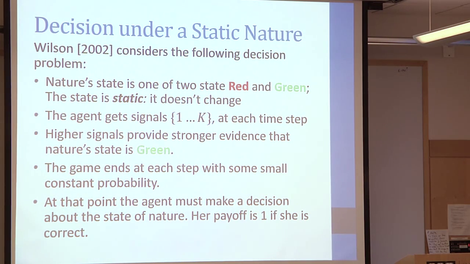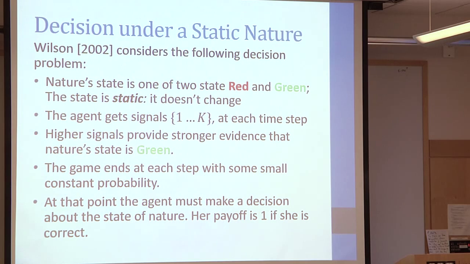That's also my question, because the signal is drawn from some distribution. So you know how the signals are correlated with the state of nature. Yes, the signals are somewhat correlated with the state of nature. If the state is green, you are more likely to get the signal k. If the state is red, you are more likely to get the signal 1. And the agent also knows this.